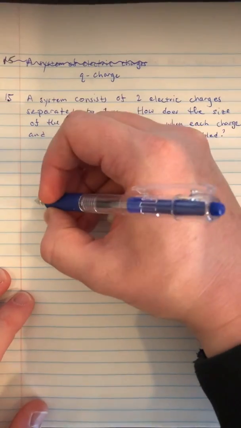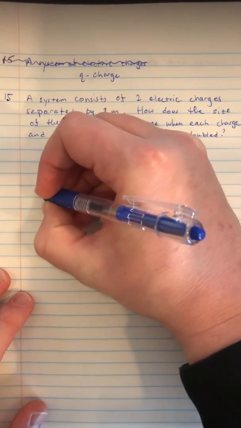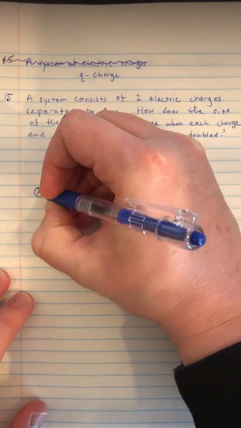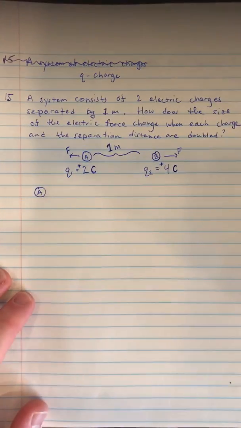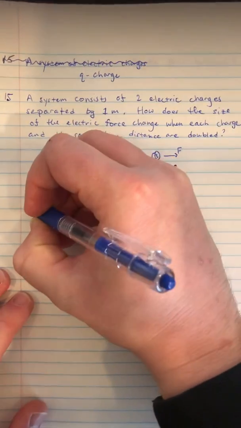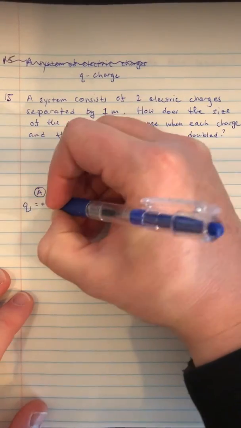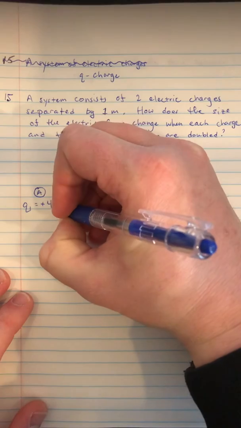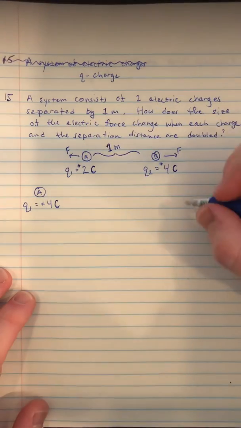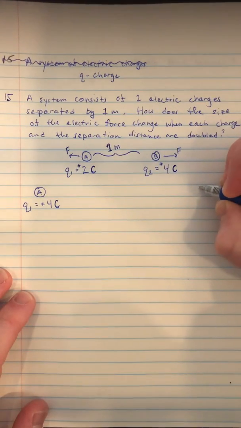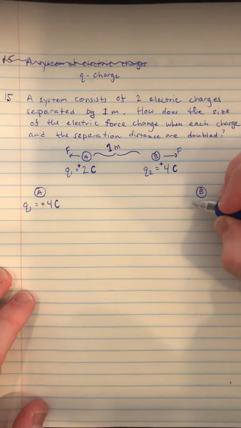So A ends up with a charge of, well, if we double it, 2 doubled is 4. And B, we double B, that would be a charge of 8.